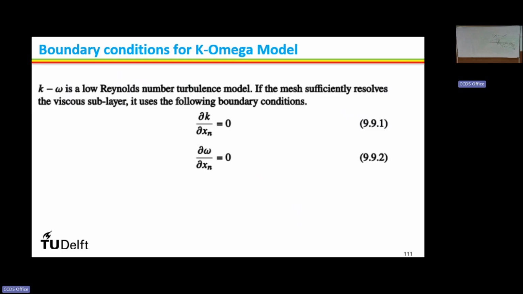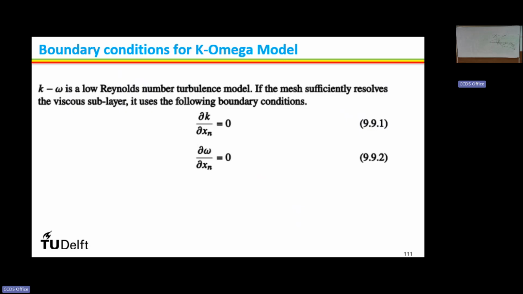At the wall, the gradient in the wall normal direction for omega must vanish, and near the wall the gradient of K must vanish. This condition is also used in the K epsilon model, but the K omega model integrates up to the wall. So by default, the K omega model is a low Reynolds number model, right?